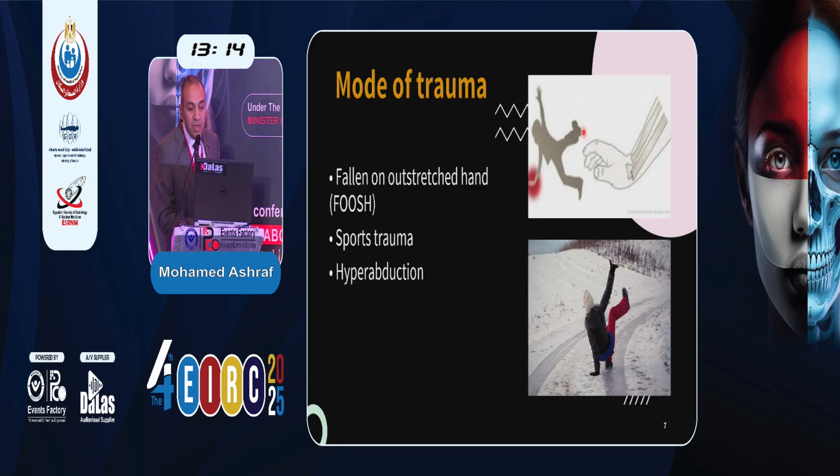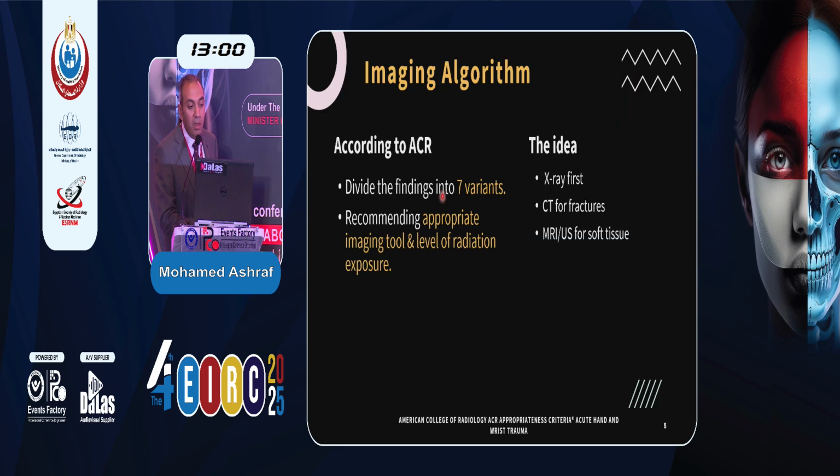Before going to the imaging strategy, we should interpret the mode of trauma of the patient. Most patients usually fall on an outstretched hand, or have sports trauma, or a hyperabduction trauma. The imaging algorithm for the thumb is built on the American College of Radiology recommendations for imaging of hand and wrist injuries, published in 2018.